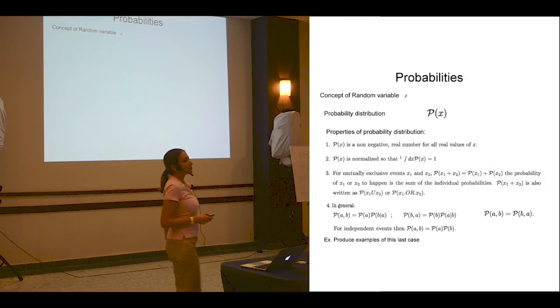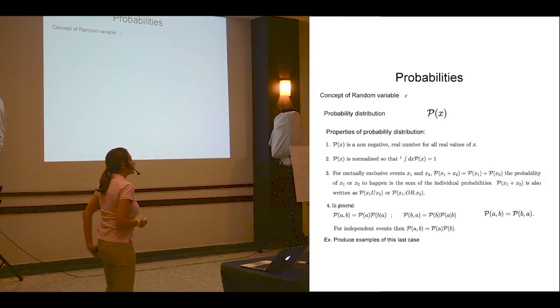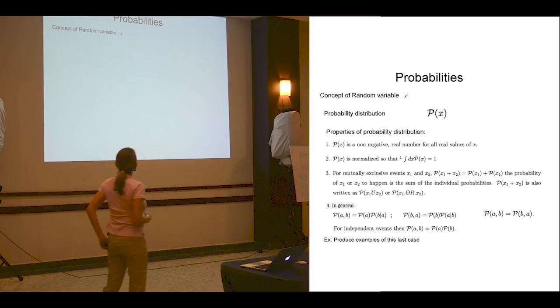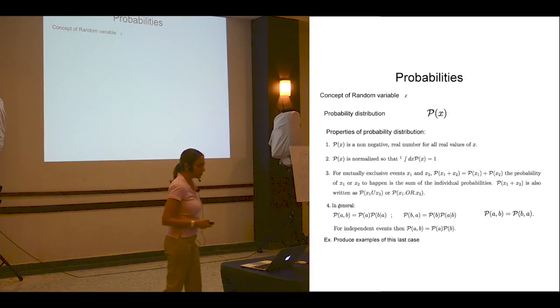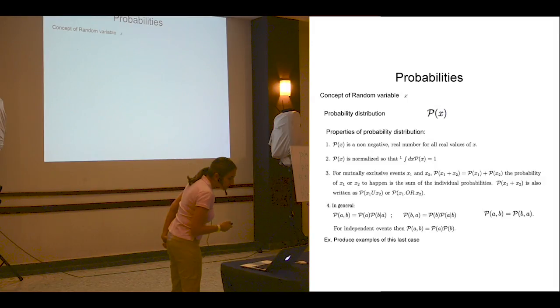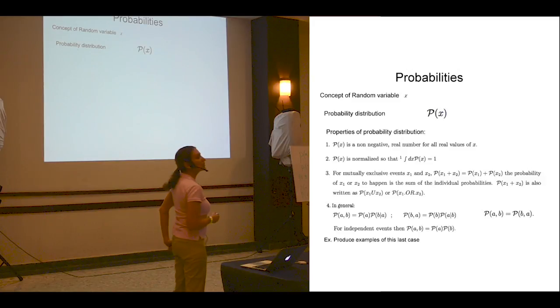So, since we've been talking a lot about probability, we have introduced some notation, for example, the concept of a random variable. Let's say the random variable is x, and I describe x with its probability distribution, P of x.